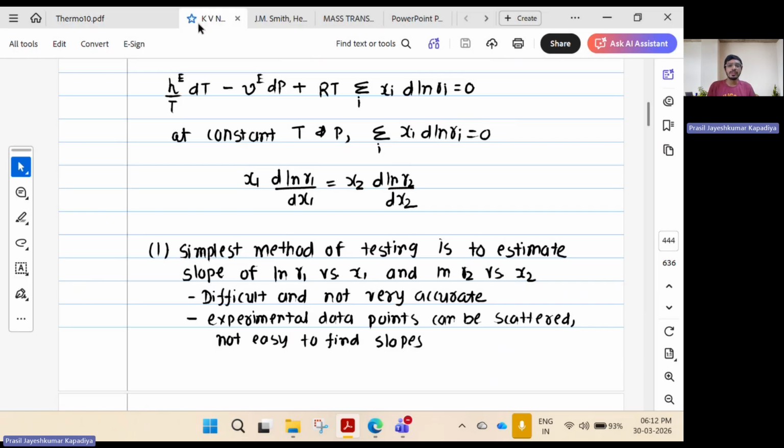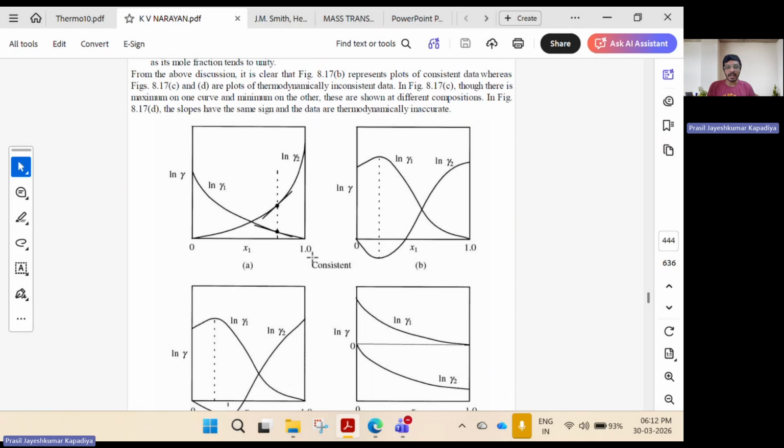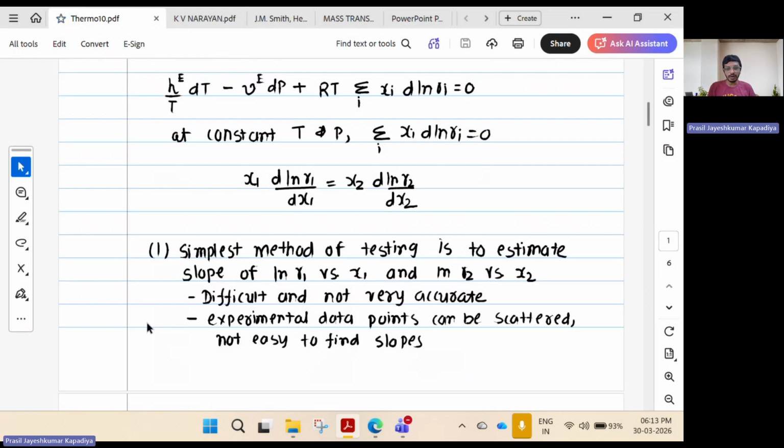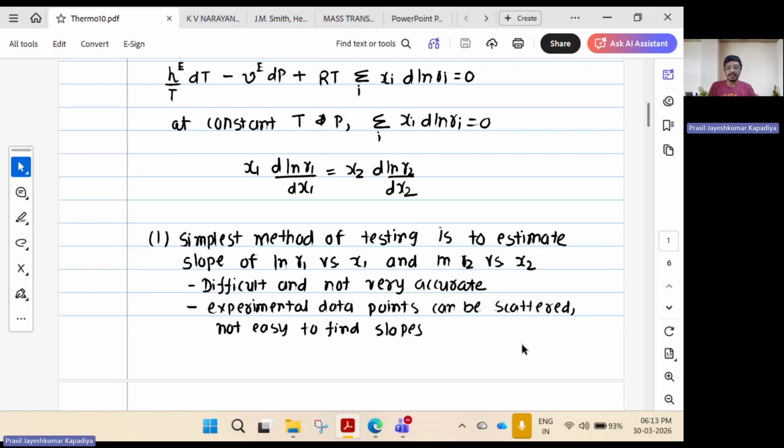In general, this slope method cannot be very accurate, and it can be difficult to find slopes at each point. And the other thing is that experimental data will not always give this kind of proper curve. If experimental data points are scattered, then it is not easy to find the slopes.